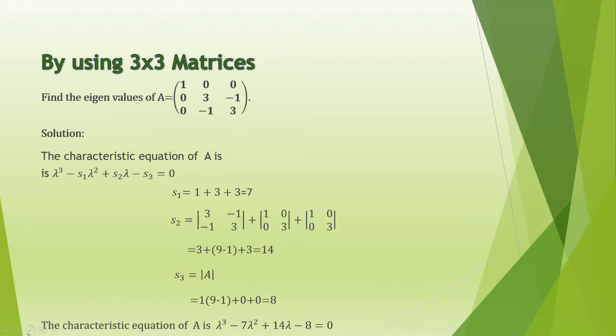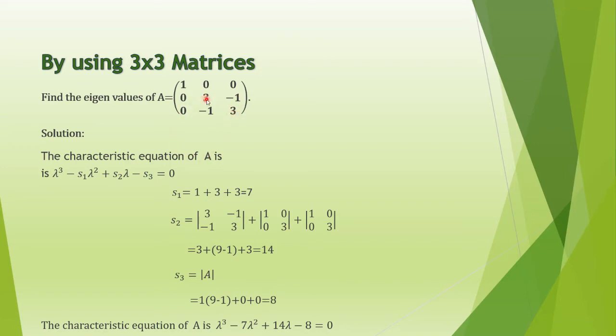The next one is the sum of the minors of the main diagonal elements. We just eliminate the row and column of each main diagonal element. If our first element is 1, we eliminate its column and row, and the remaining part is the minor of that element. So 3, minus 1, minus 1, 3.